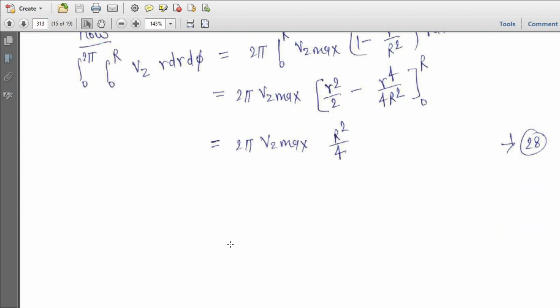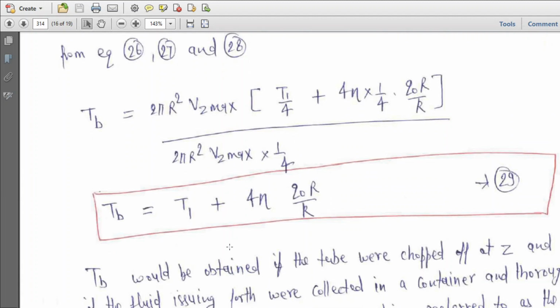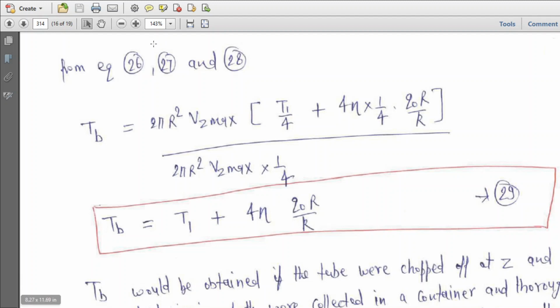Substituting every term back from equations 26, 27 and 28, you get Tb, the bulk temperature: 2 pi R square Vz max T1 upon 4 plus 4 eta upon 4 q naught R upon k, over 2 pi R square Vz max by 4. So the bulk temperature is Tb equal to T1 plus 4 eta q naught upon R.